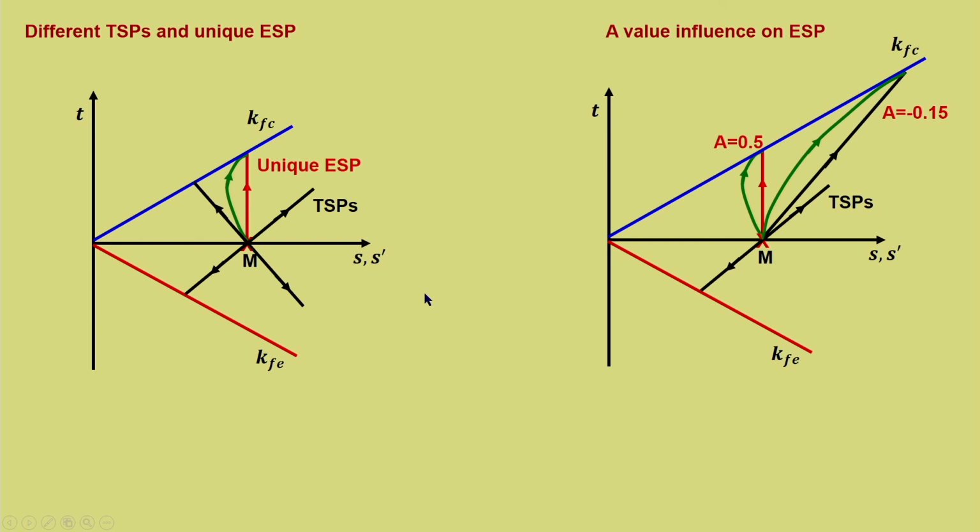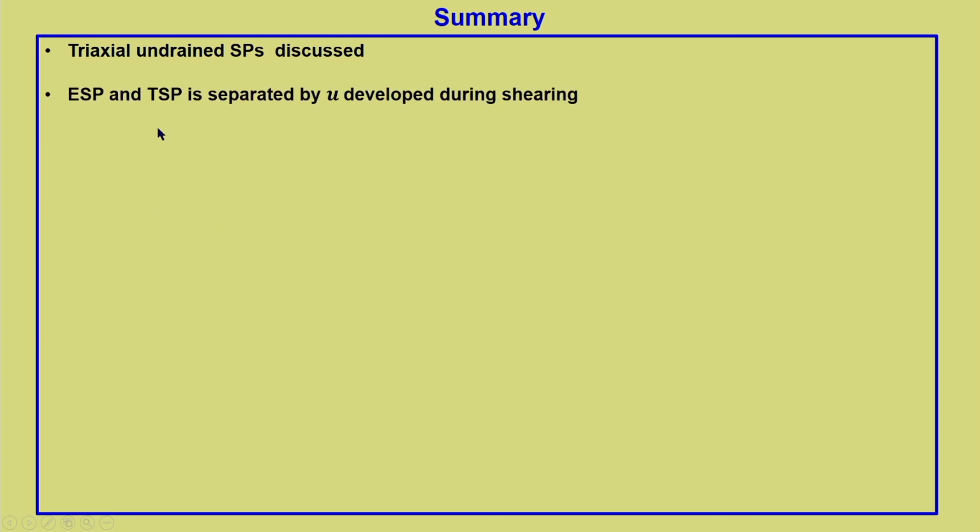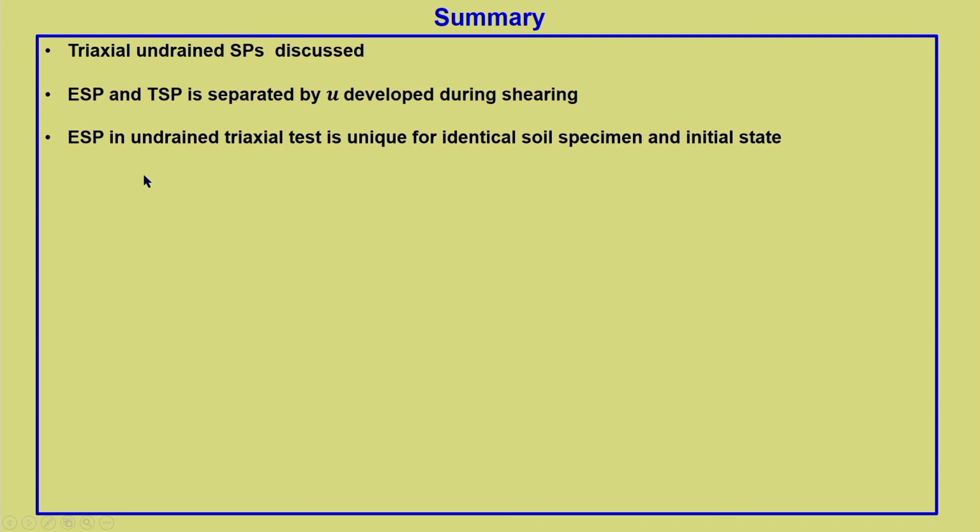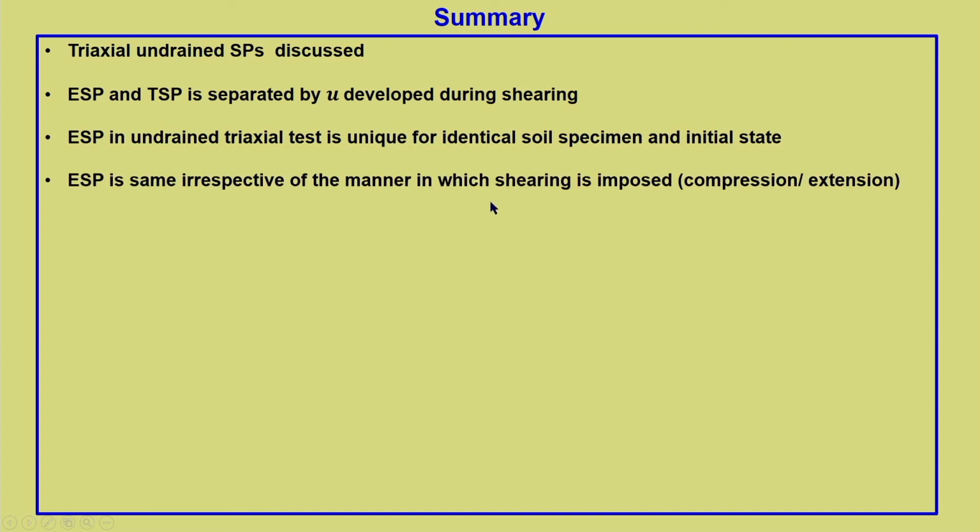So, let us summarize today's lecture. Triaxial undrained stress paths are discussed. ESP and TSP are separated by the pore water pressure developed during shearing. ESP in an undrained triaxial test is unique for identical soil specimen and initial state.